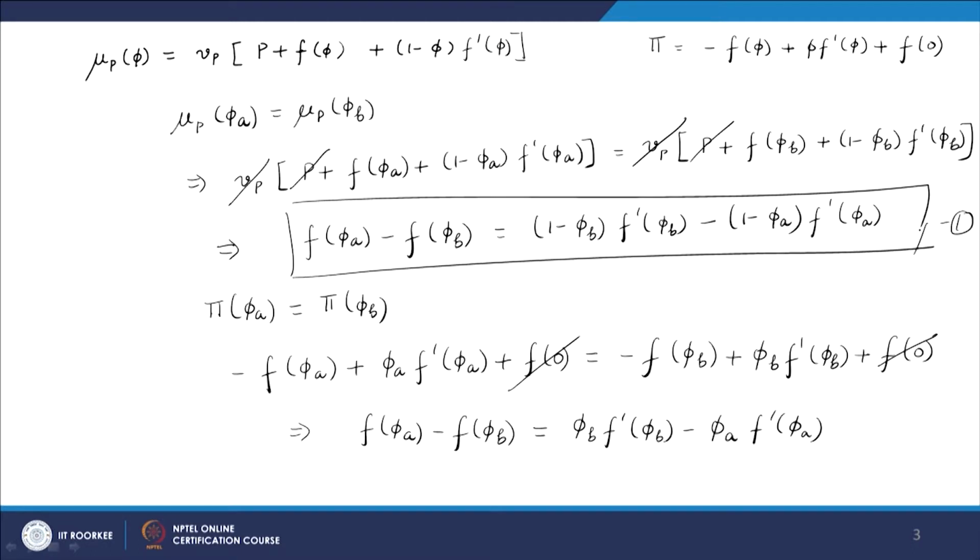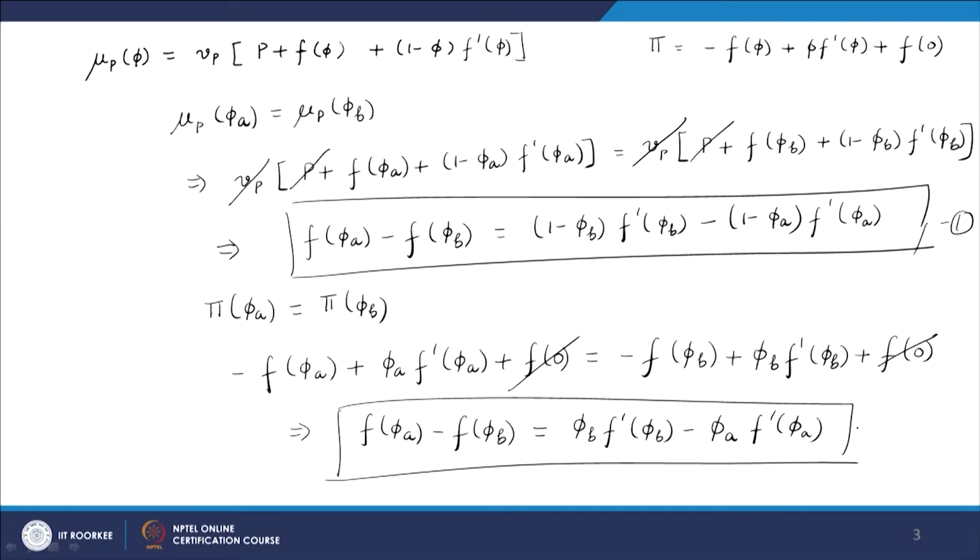So, we have derived two relations, both of which have the same left hand side. So, we can compare the right hand side in 1 and 2.